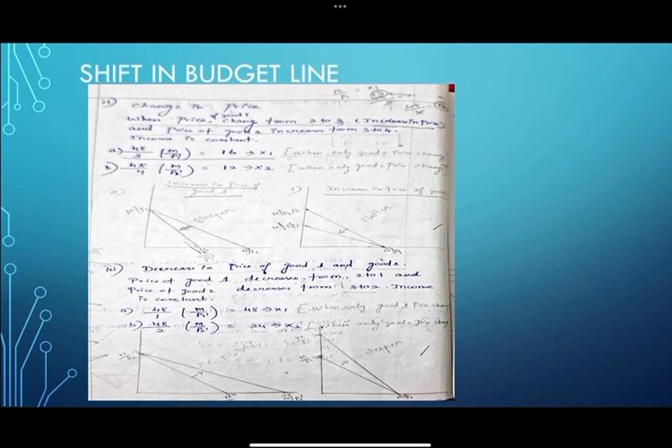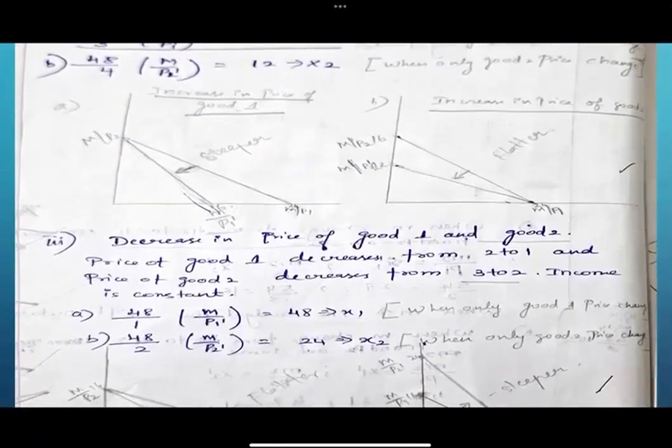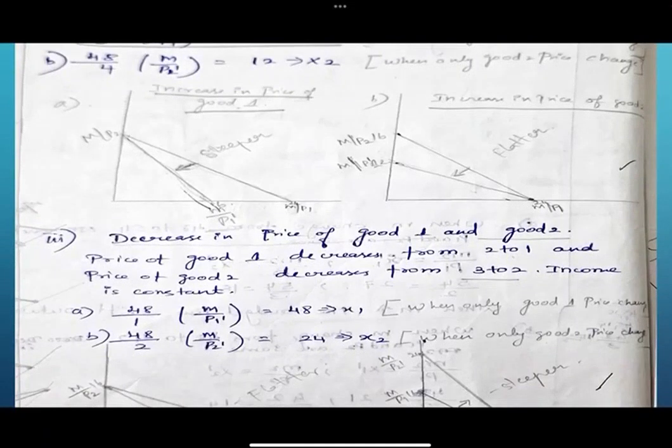But this is not applicable in the case of price changes. See, if the price of good one changes, what happens? If the price of good one increases, you will consume less of good one.